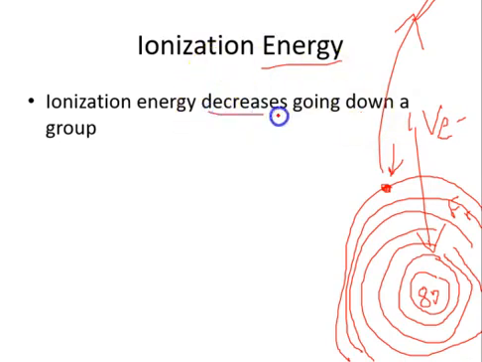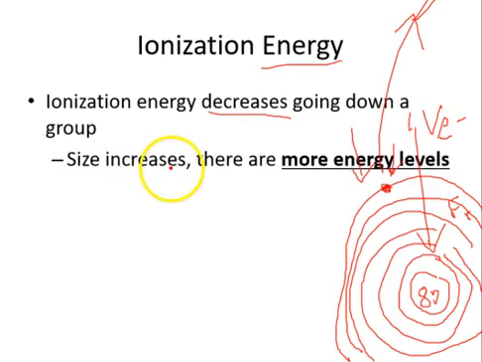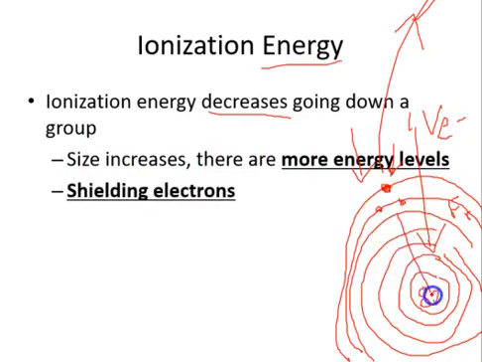So it's going to decrease as I go down a group, because as I go down a group, my size is increasing because there are more energy levels and there are also more shielding electrons that are preventing my positive nucleus from being able to pull in this outermost electron.